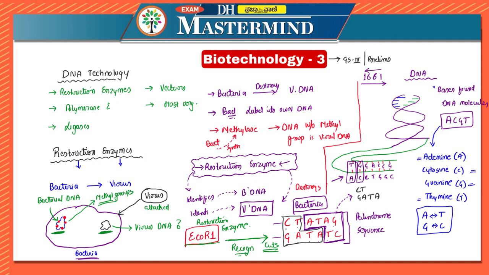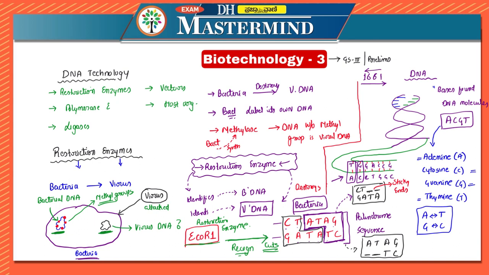The other strand is ATAG, opposite here there is TC, and here again there are gaps. In the first strand there is a gap and in the second strand also there is a gap, and this region is called sticky ends.